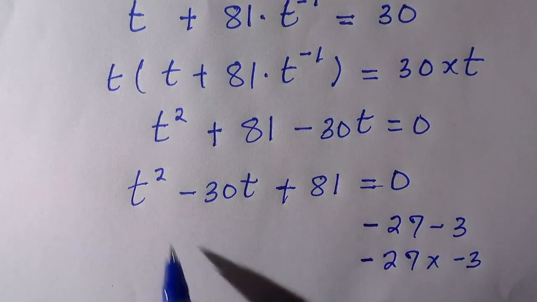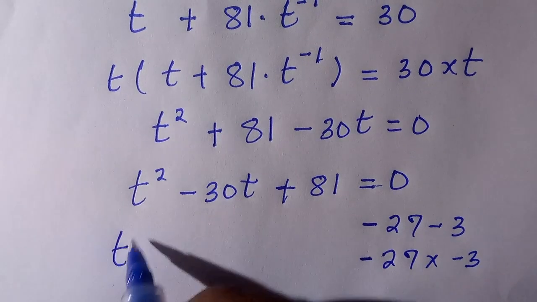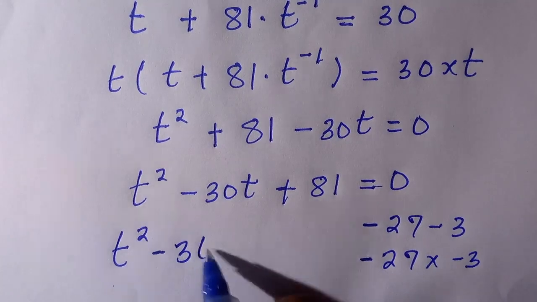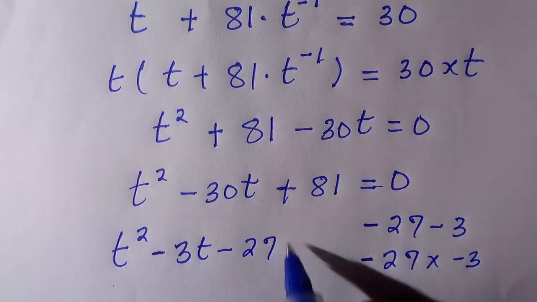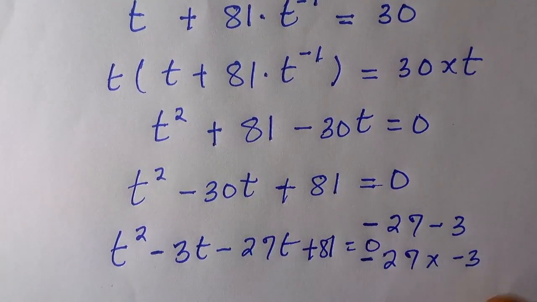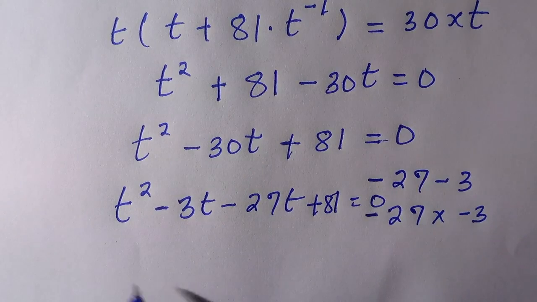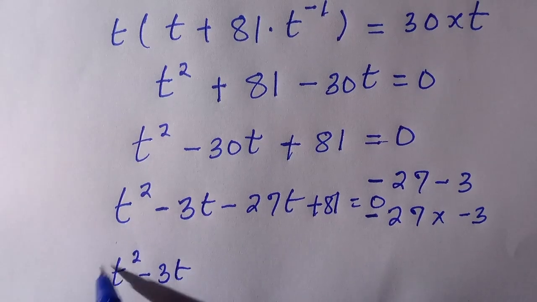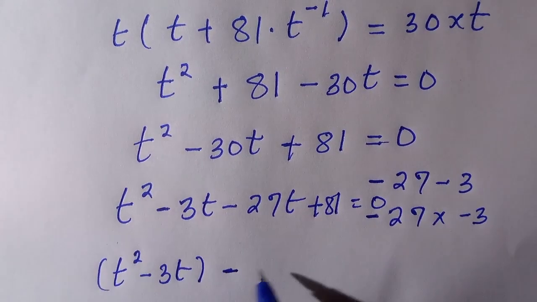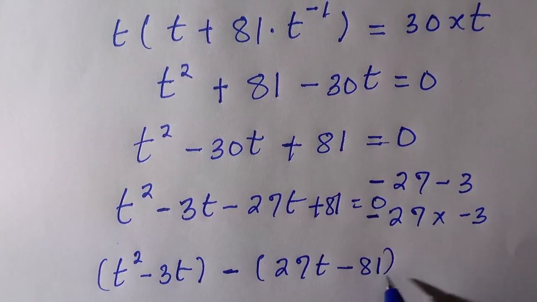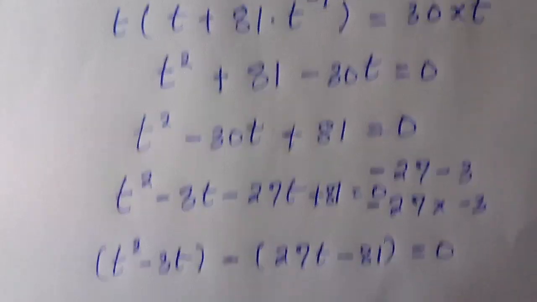So let's plug it in. Here we have t squared minus 3t minus 27t, plus 81 equals 0. So by grouping this, we have t squared minus 3t in bracket, minus bracket 27t minus 81 equals 0.